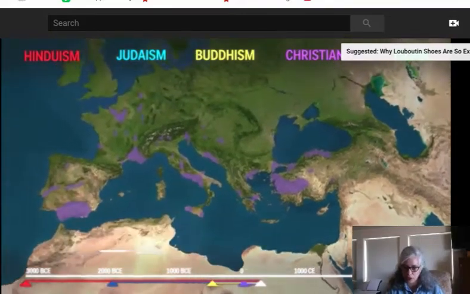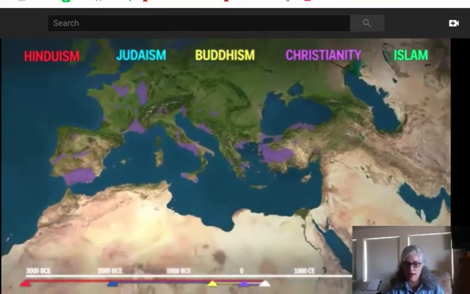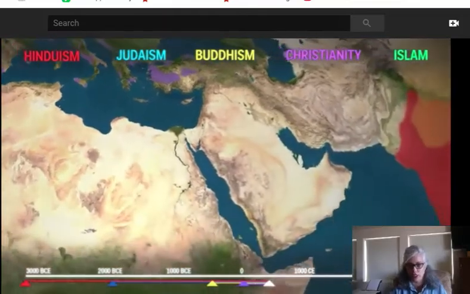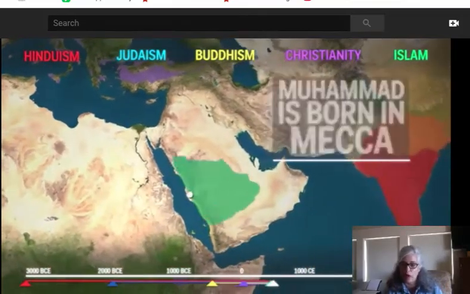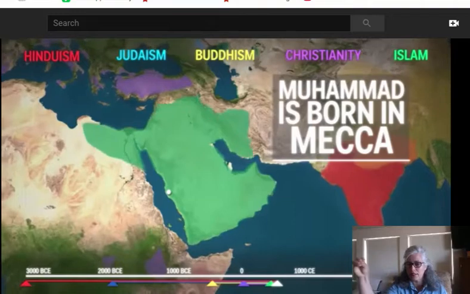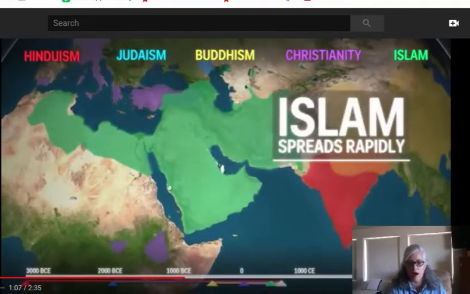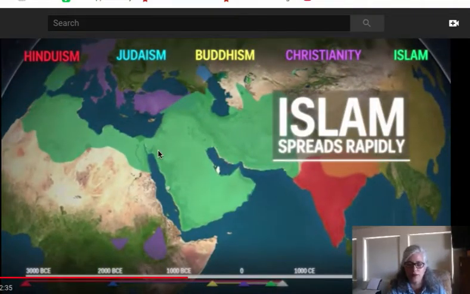And Jesus Christ was crucified, and Jews were exiled from the region, and you see Christianity spreading in these little pockets based on where the Jews were exiled. Okay, let me stop it here really quick, because you saw that Muhammad was born down here, that was the little dot still on the map, and that Islam spreads very, very rapidly. So one of the tenets, one of the pillars of Islam has to do with spreading the religion.